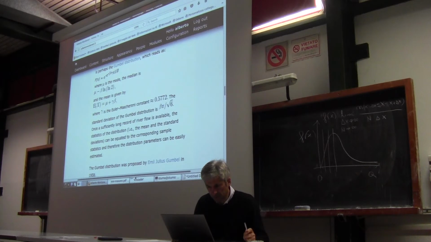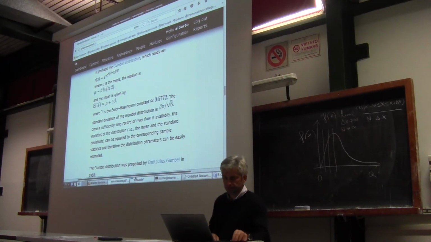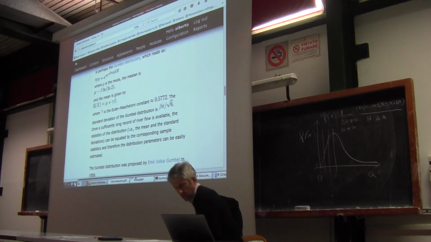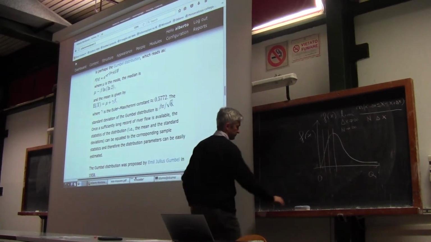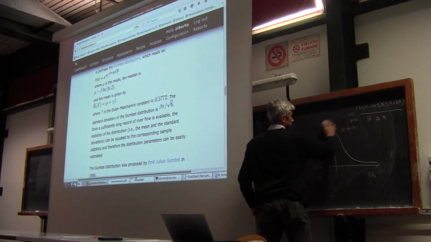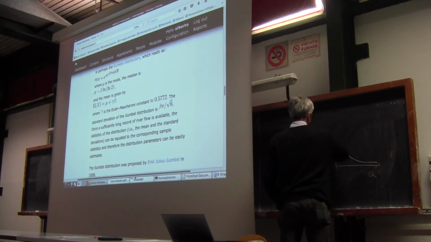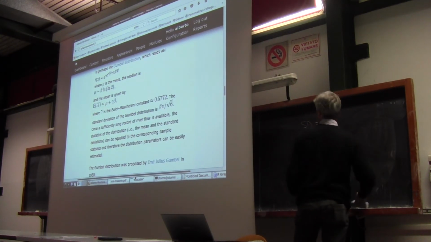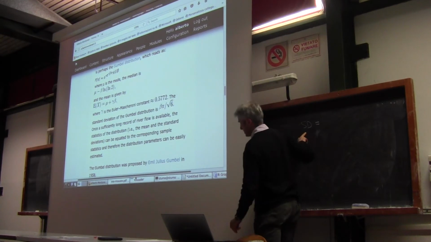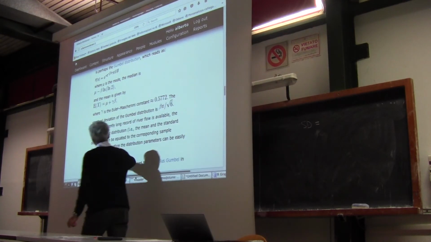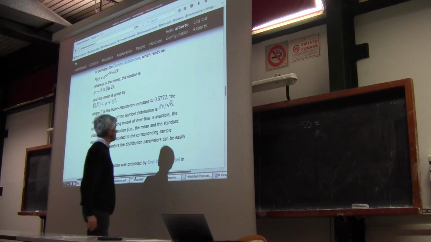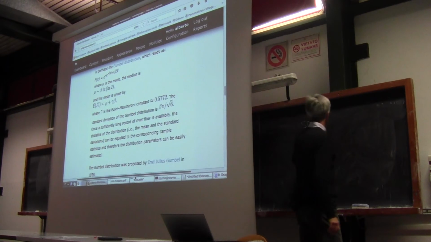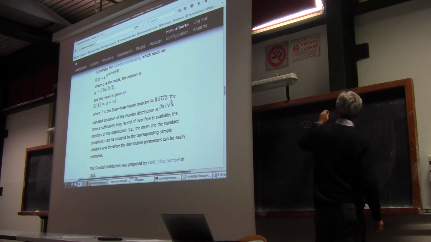Okay, so first of all, the standard deviation SD, which we already computed, is equal to beta times pi divided by the square root of 6.